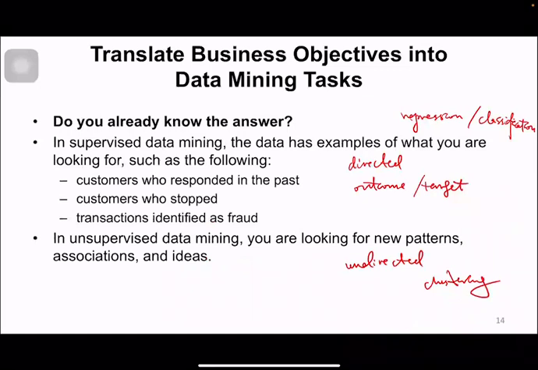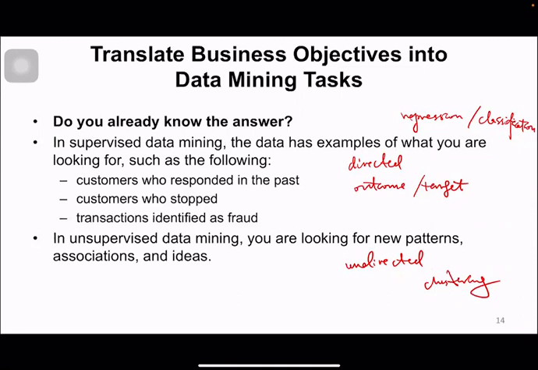Now, next, if you define your objective, we still need to translate the objective into data mining tasks. Do you already know the answer? How to translate the objective into data mining tasks? We discussed this a little bit because in supervised data mining, the data has examples of what you are looking for, such as the following: customers who responded in the past, customers who stopped, transactions identified as fraud.